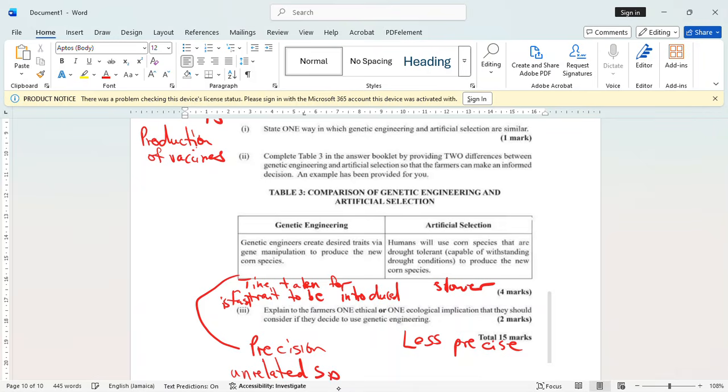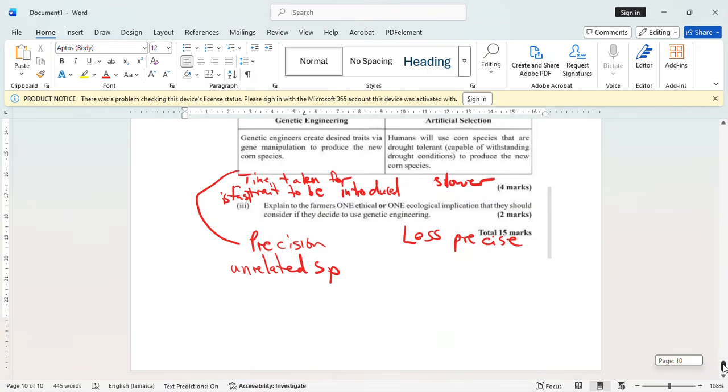Now here's the thing that separates genetic engineering: it doesn't have to be of the same species. They can take something from an animal and put it into a plant, or take something from a plant and put it into an animal. So it doesn't have to be the same species.